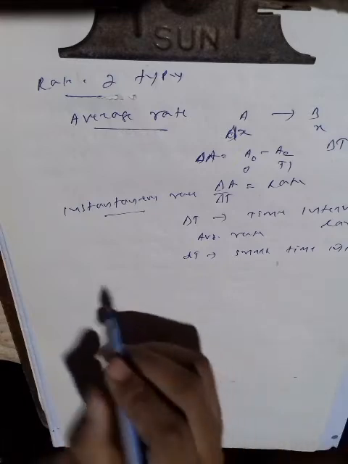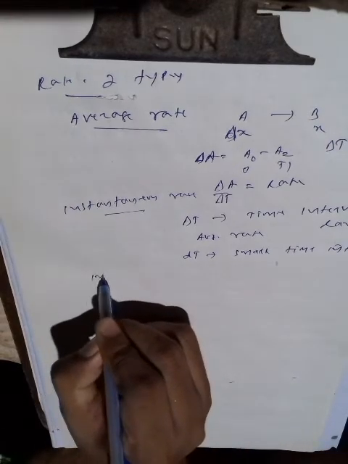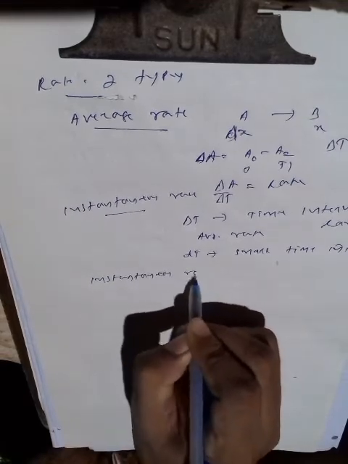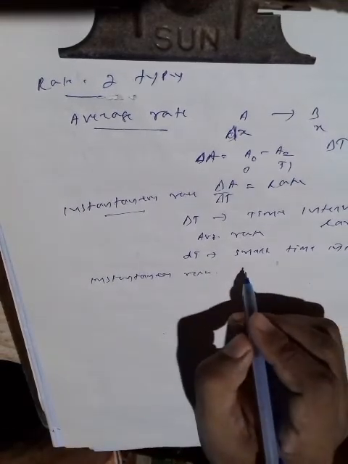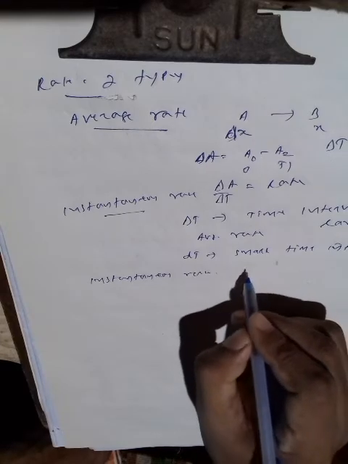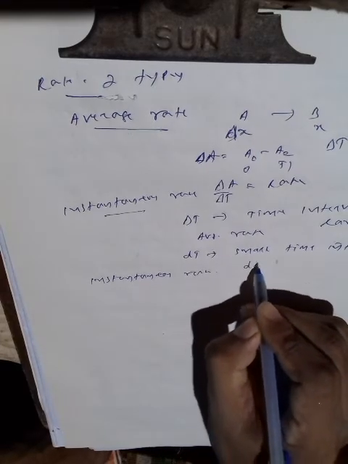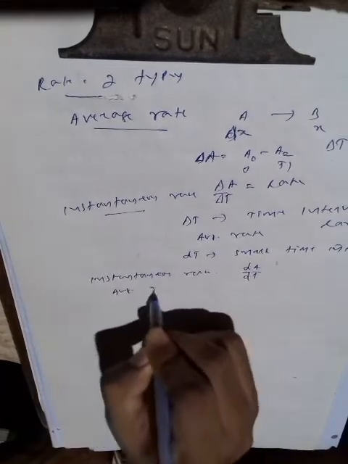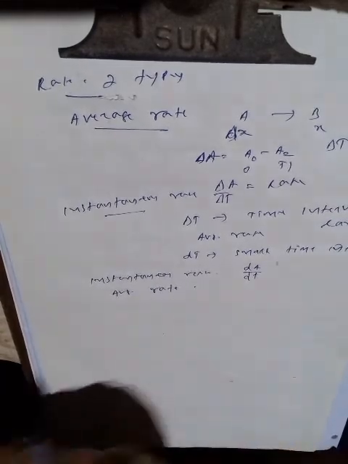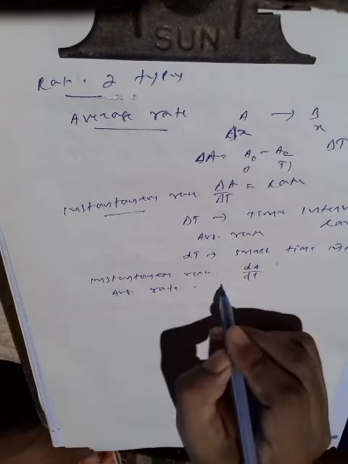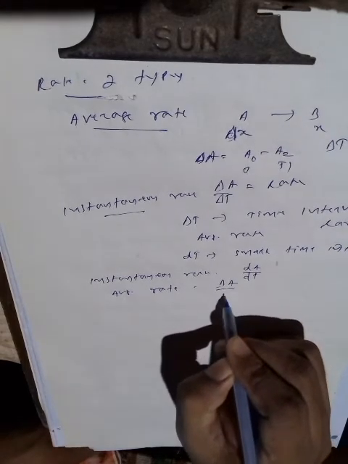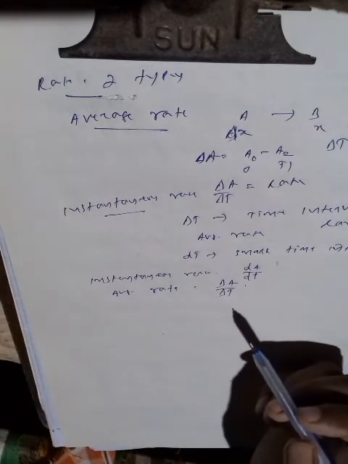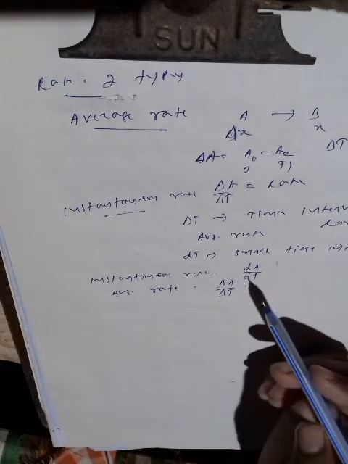So for instantaneous rate, the time interval is very small, so dA by dt. And for average rate, the time interval is large, so delta A by delta t. Okay, so this is about the types of rate.